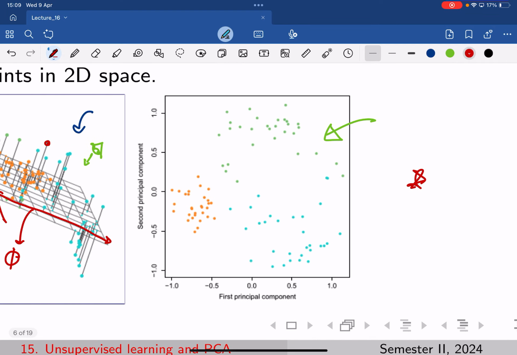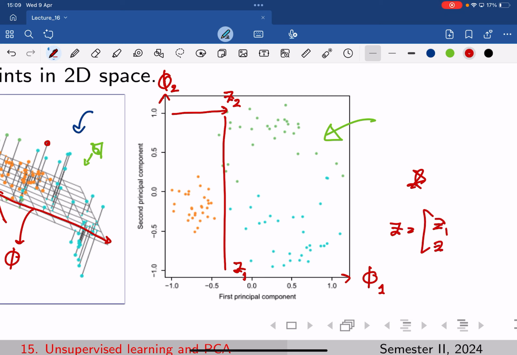And whatever projection you get on your phi matrix here, if this is phi 1 and this is phi 2, then this is your z2 and this is your z1, as a visualization for you to know where things are. Is that okay?